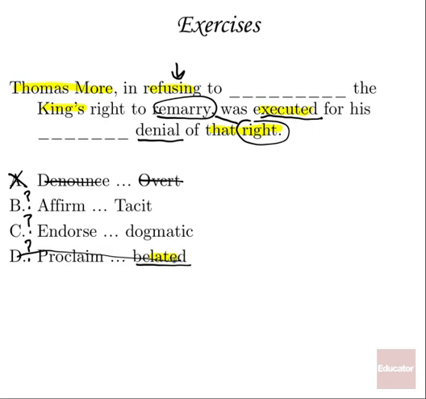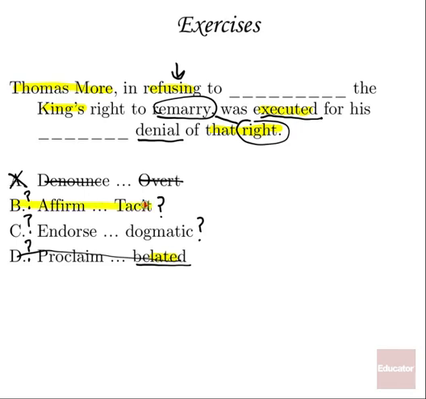So we got two left. We have affirm and tacit, and endorse and dogmatic. Well, if we remember our vocabulary, we might be able to figure that out really quickly. But if we're not sure what tacit or dogmatic mean, we're set to guessing 50-50. But at least we brought it down to two options. The correct answer is B. Tacit means silent.